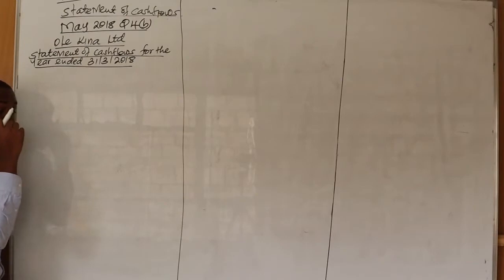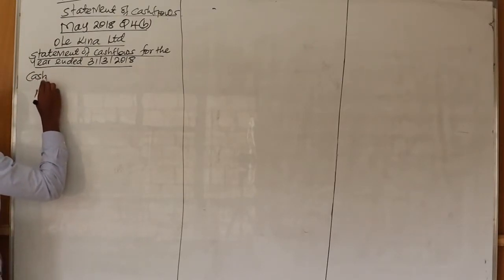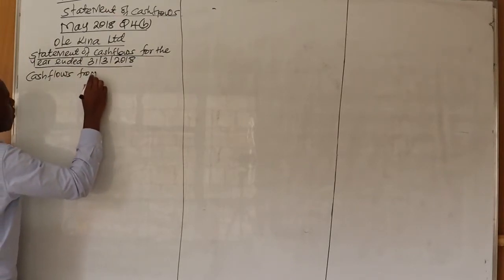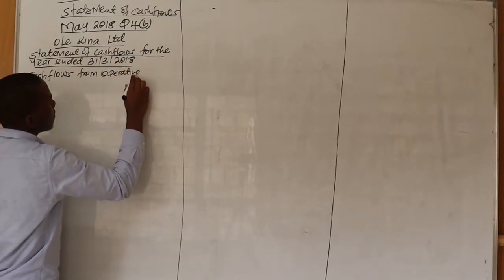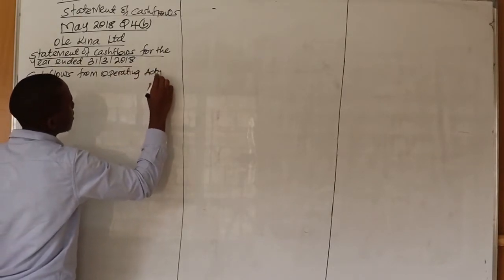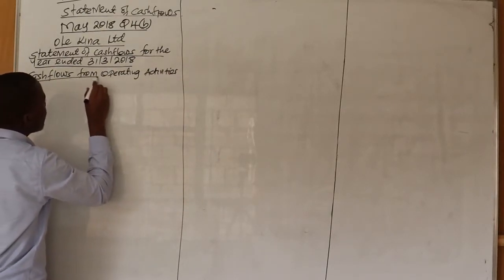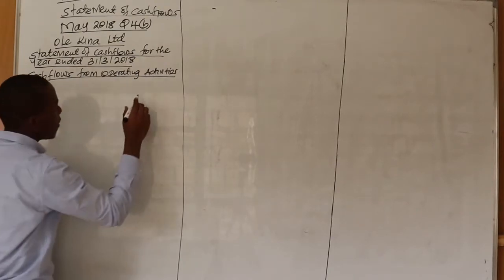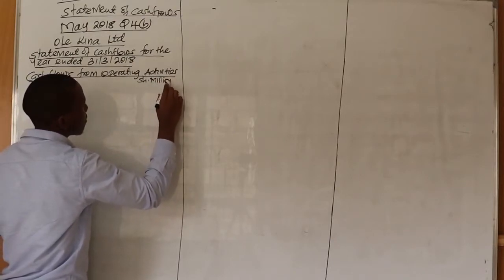Remember, we have the 3 categories of cash flows, and we will first begin with the cash flows from what? The cash flows from operating activities. Cash flows from operating activities will begin with the profit before tax. Shillings are in millions.